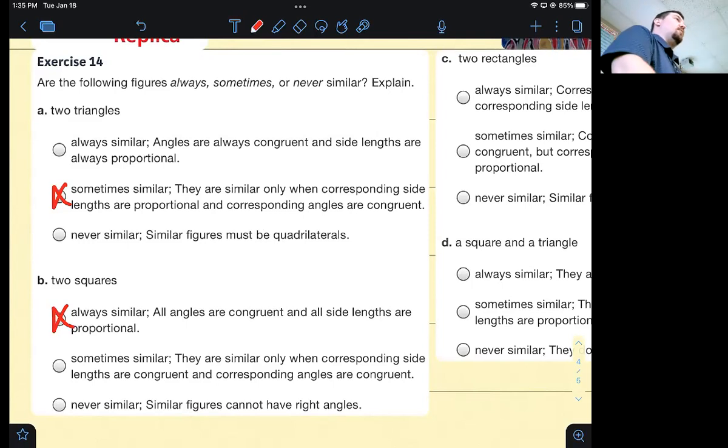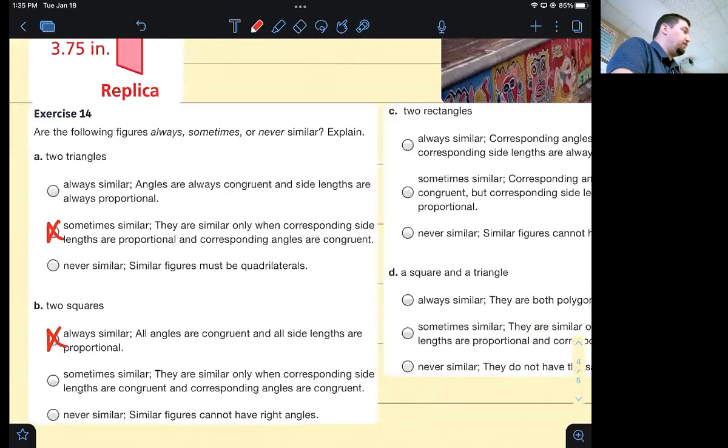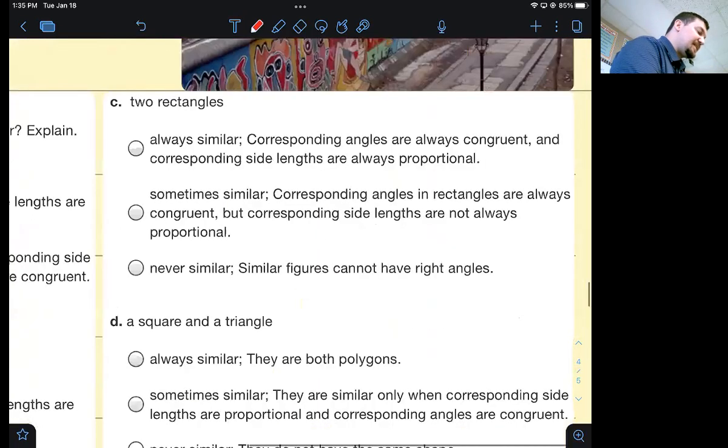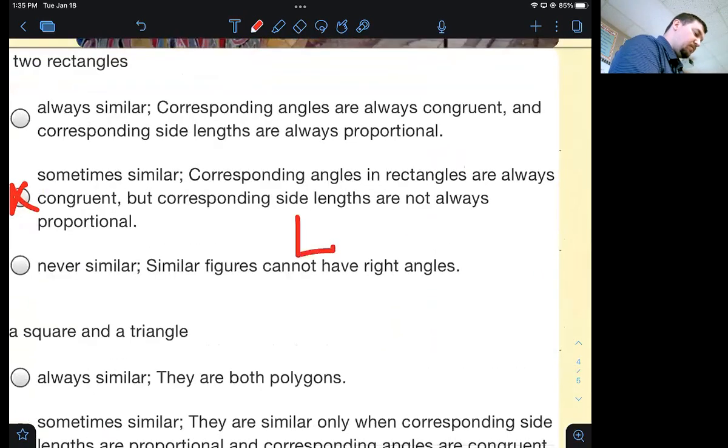What about 2 rectangles? What do you think, Xander? Always. Not always. Sometimes. Here's a counter example. This is a rectangle. You might call it a square, but it is a rectangle. This is a rectangle. They're not similar, even though the angle measures are 90, right?